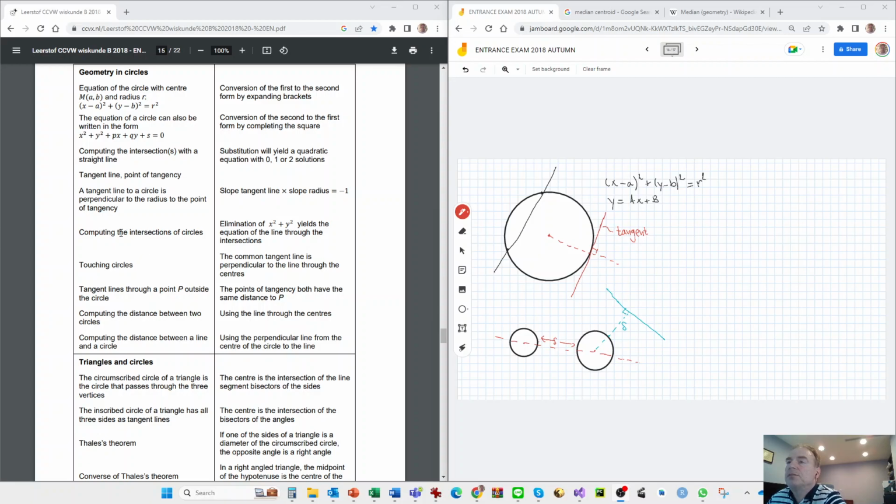Then you can compute intersections of circles. You do that by, you basically have 2 equations similar like this, and then x squared plus y squared can always be eliminated by subtracting them. Touching circles are circles with a common tangent line.